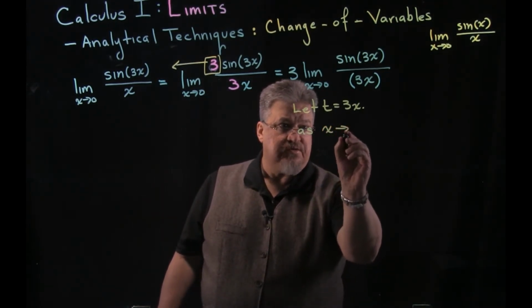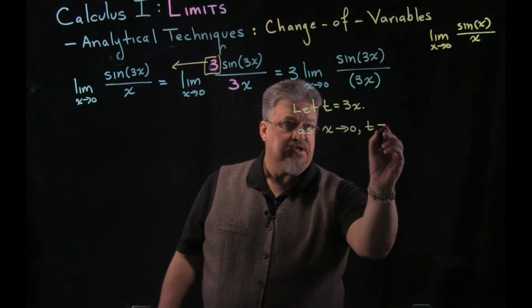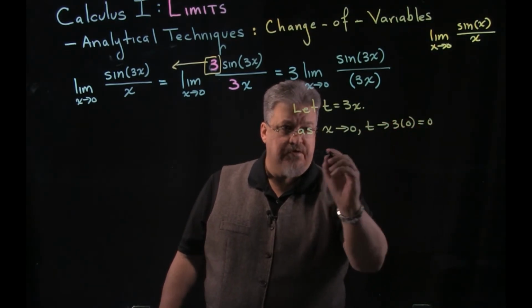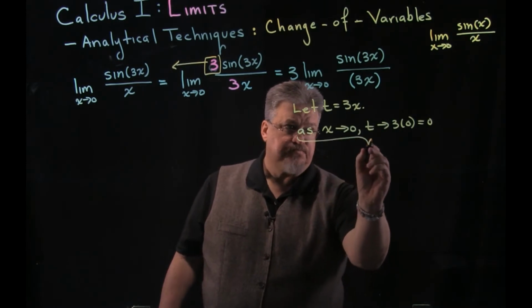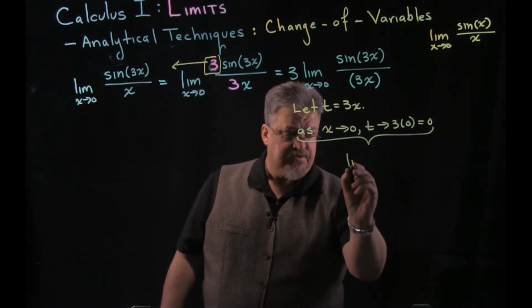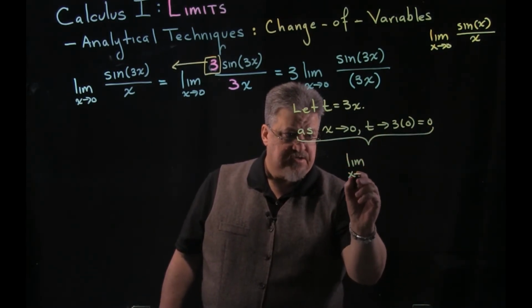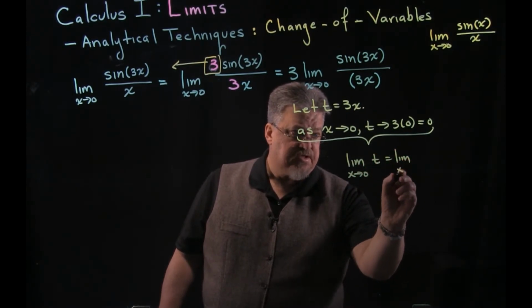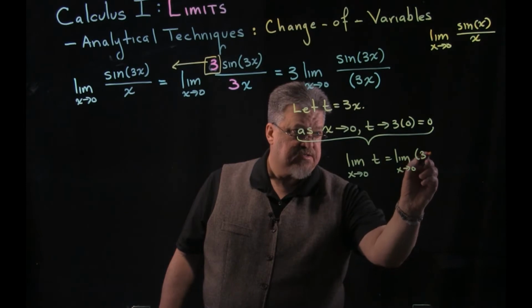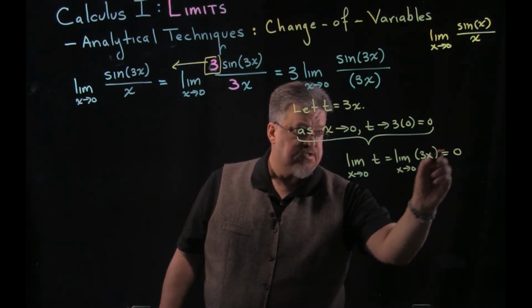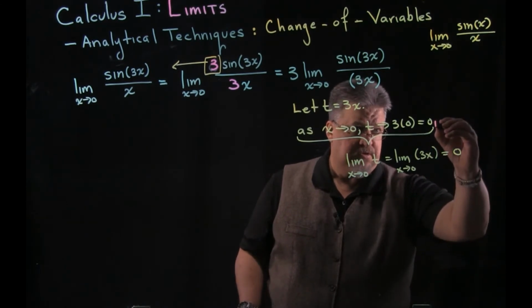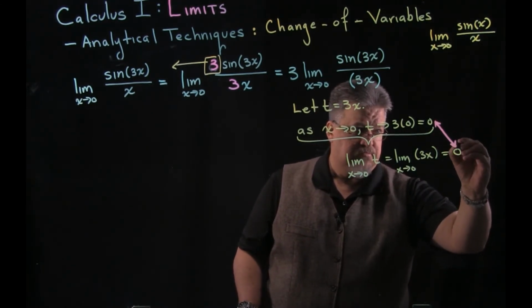As x goes to 0, t goes to 3 times 0, which is 0. Another way to write this is to say the limit as x goes to 0 of t is the limit as x goes to 0 of 3x, which is equal to 0. Those are the same zeros.